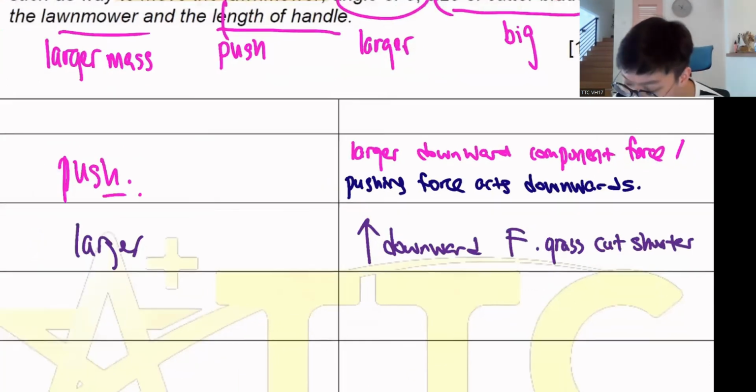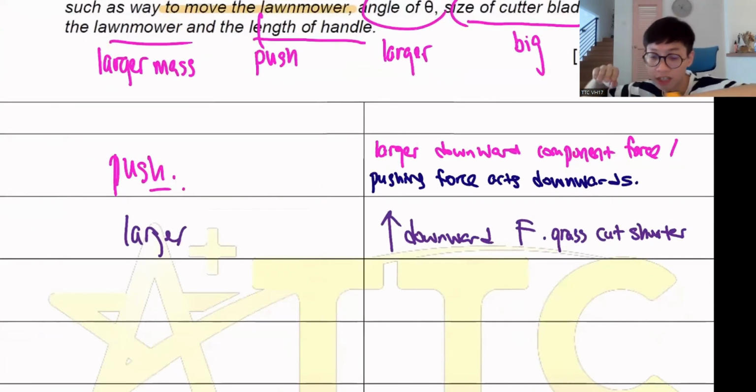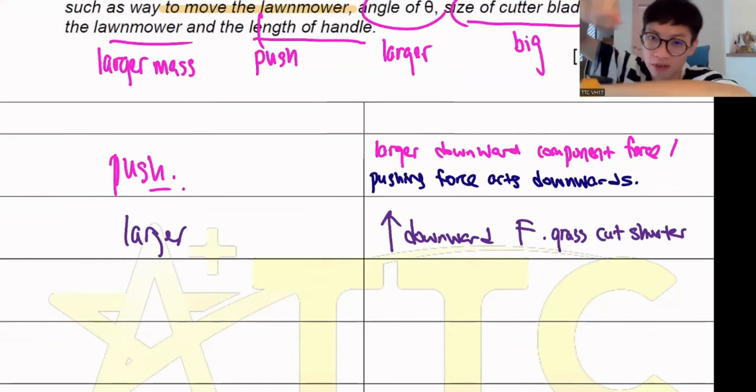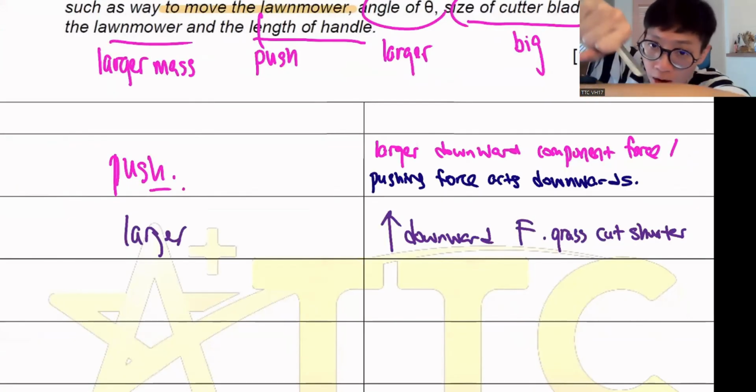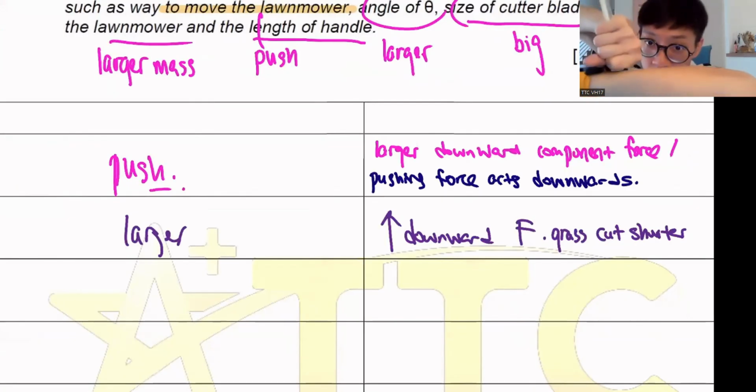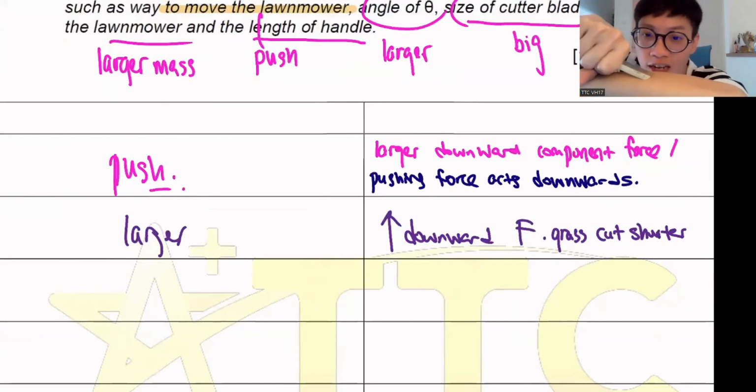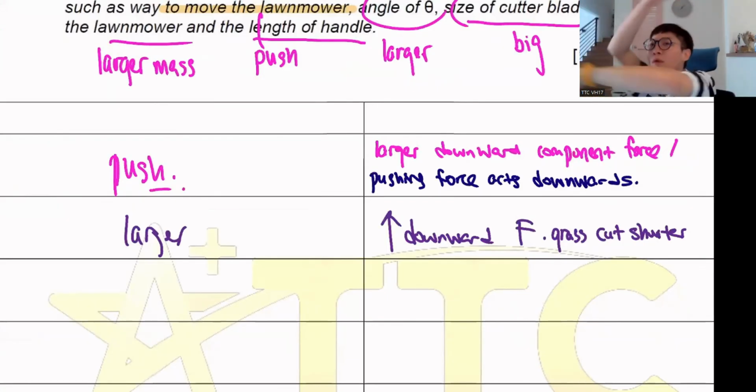It's just like this example. Let's say I want to shift my hand, imagine this is my ruler. The more I press down, the more downward force there is, I can shift my hand more. Correct?